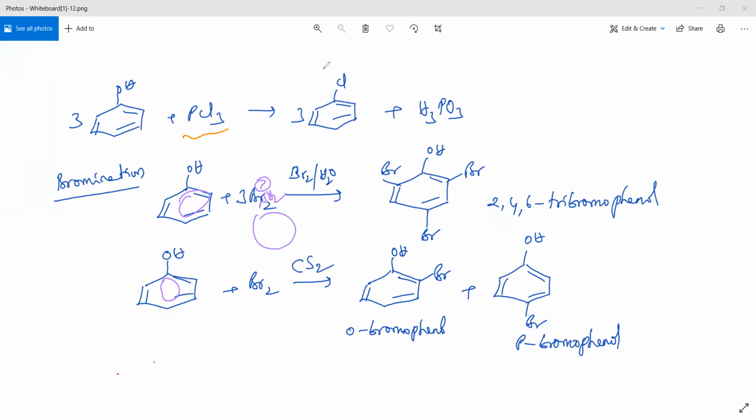Whereas bromination, if you consider it, with bromine water gives 2,4,6 tribromophenol. With bromine dissolved in carbon disulfide, it gives ortho and para substituted products.